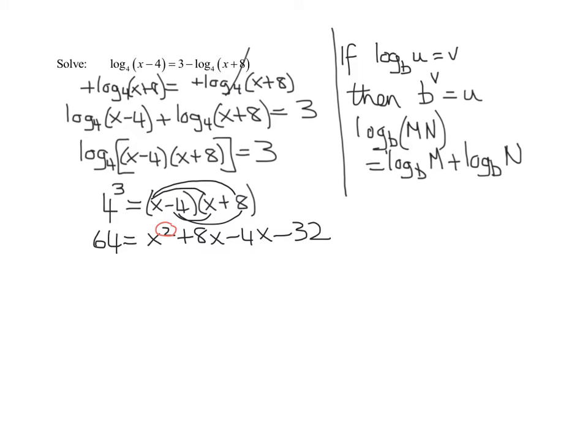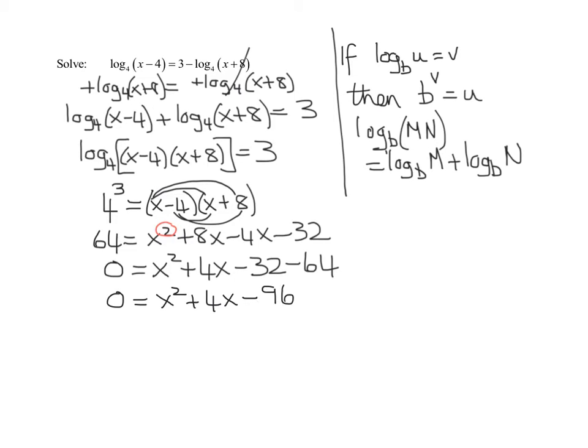So what I need to do is get 0 on one side, put it in standard form. So 0 equals x squared, 8x minus 4x is plus 4x, minus 32 minus 64, since I have to subtract 64 from both sides. So I get 0 equals x squared plus 4x, and 32 and 64 give me negative 96.